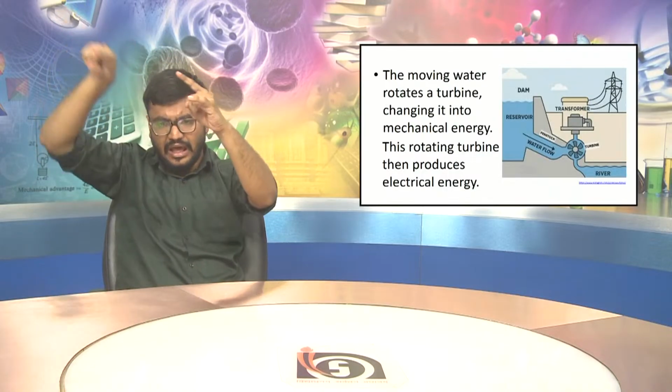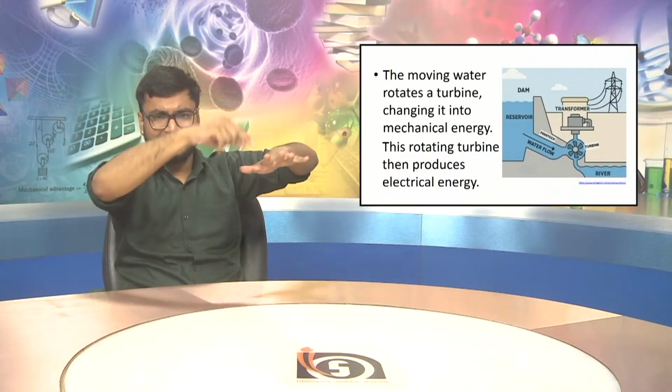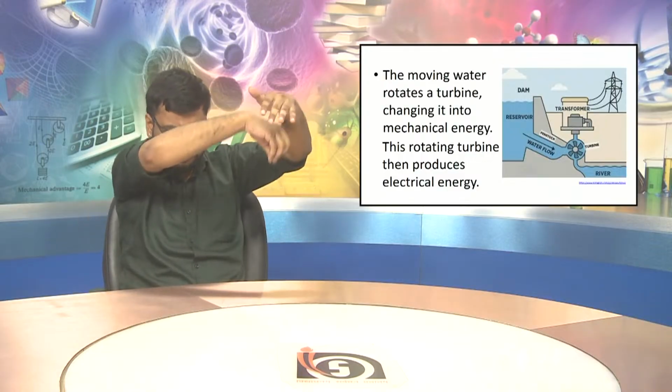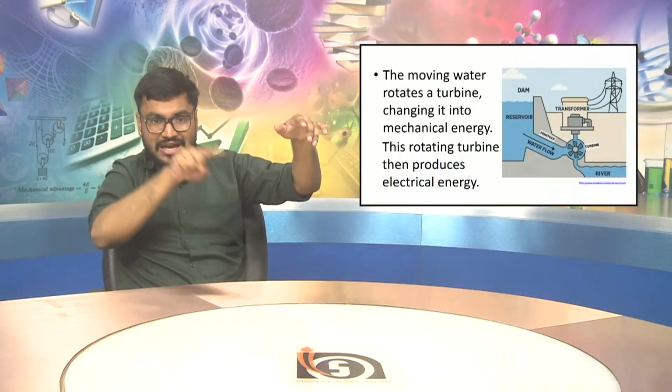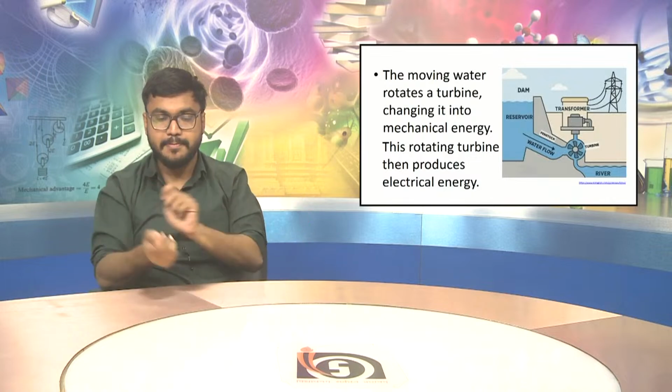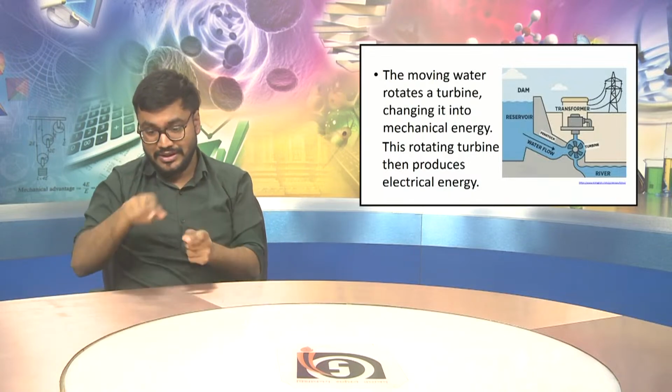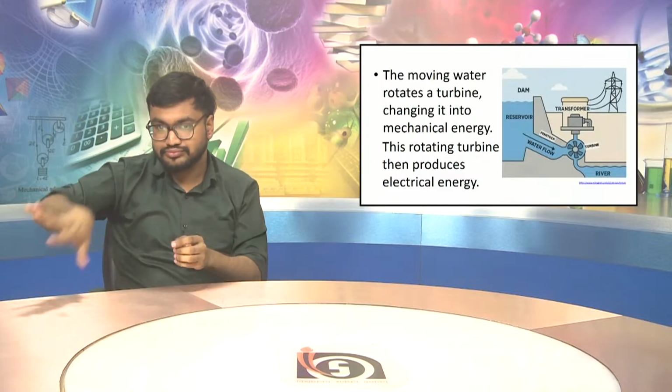The moving water rotates a turbine, changing it into mechanical energy. This rotating turbine then produces electrical energy.